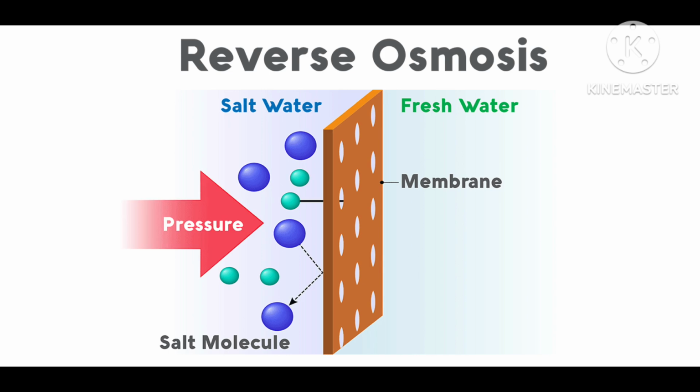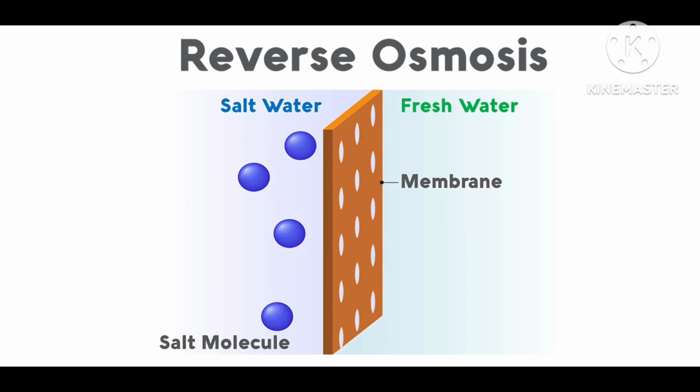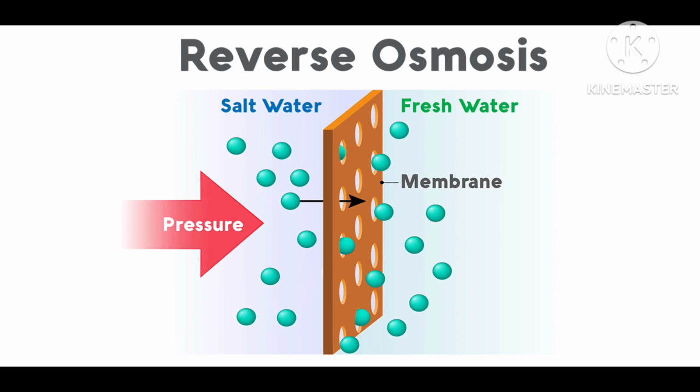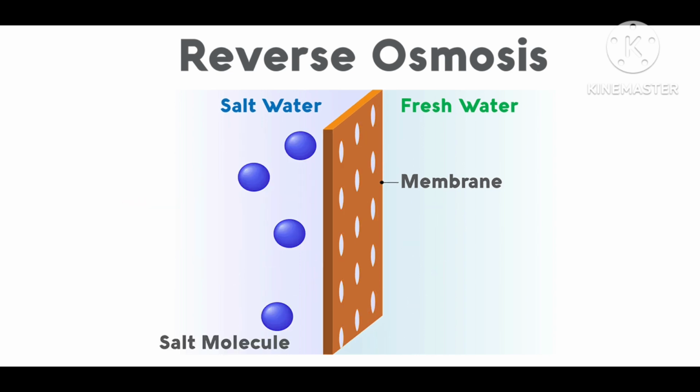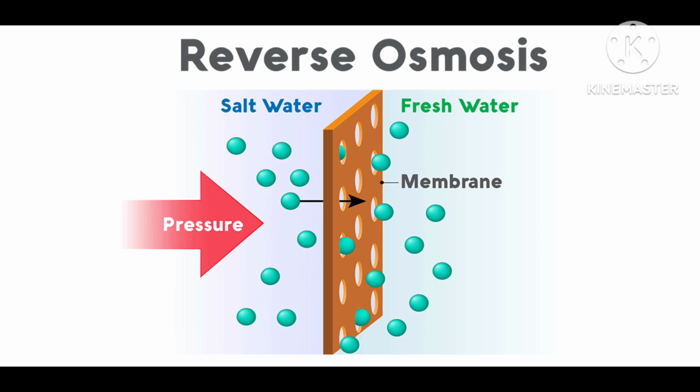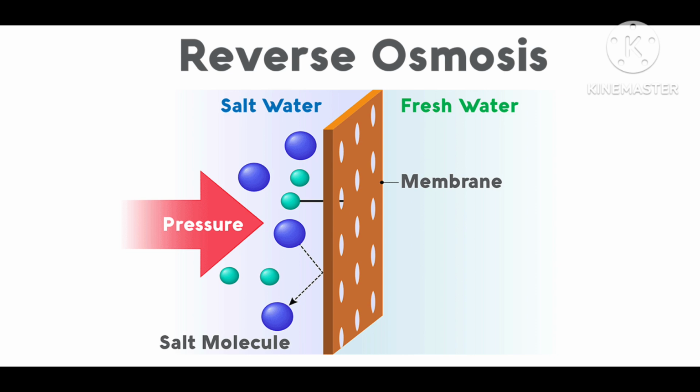In the reverse osmosis process, the water is separated from dissolved salts by means of a membrane which permits the passage of water through it, but not the salts.